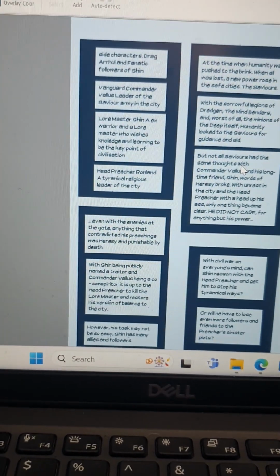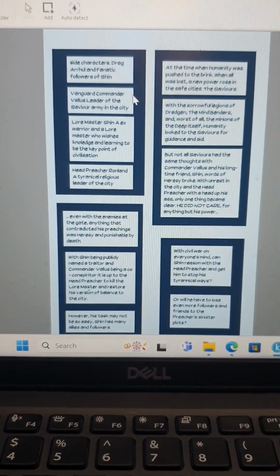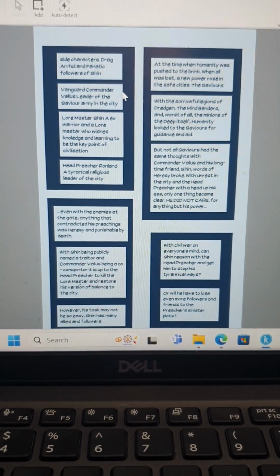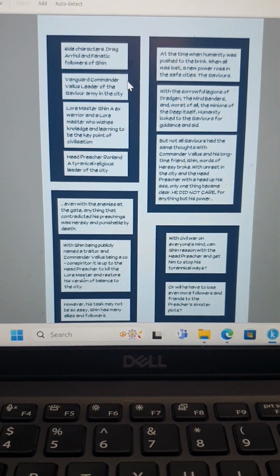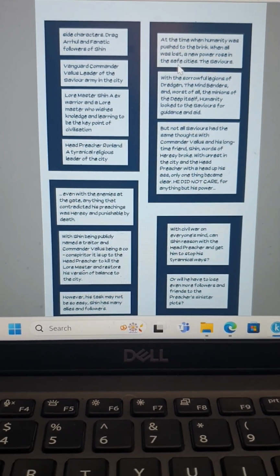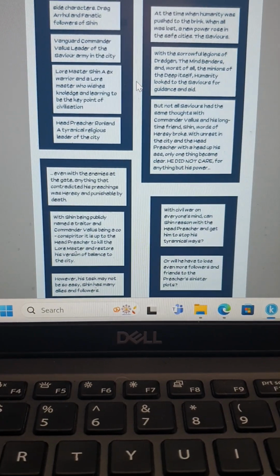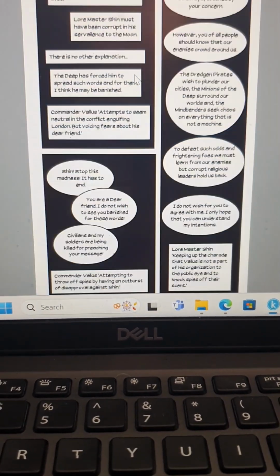I just thought this was a better layout to make the books more readable, and to condense everything that needs to be put into the books.